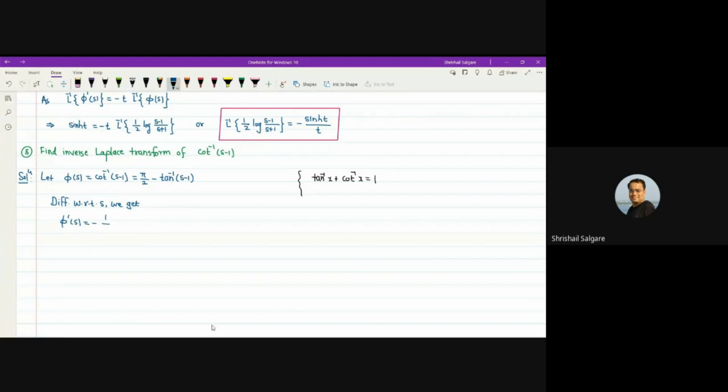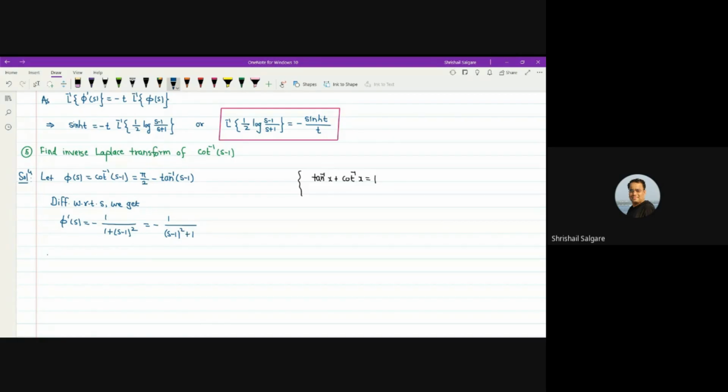What is the derivative of tan inverse of x? Yes, I'm corrected now. I'm not using the second screen. That's why. Meanwhile, respond to me. So further, it can be written as minus 1 upon (s minus 1) bracket square plus 1.